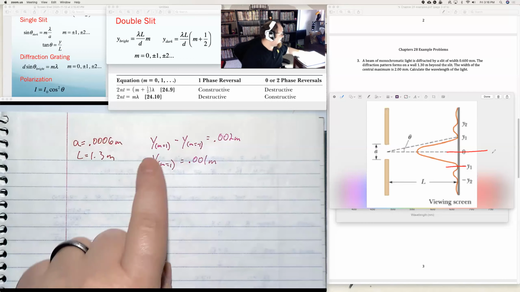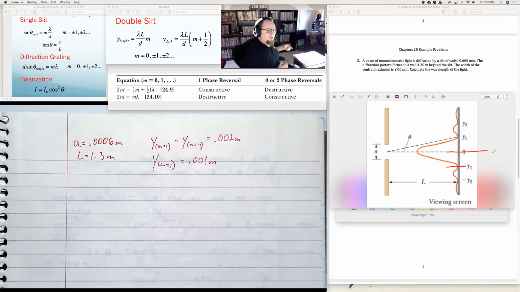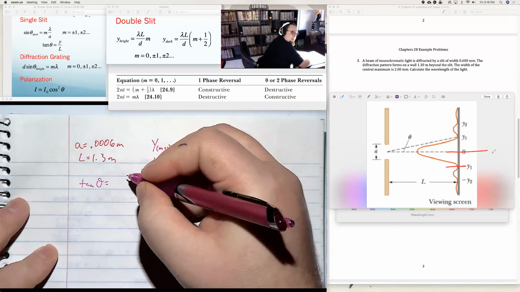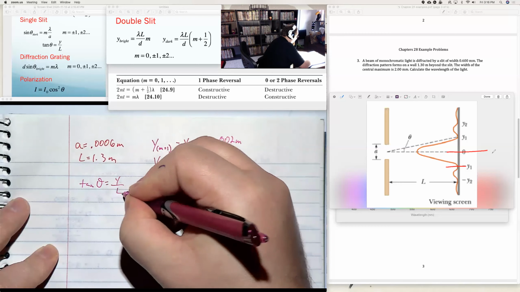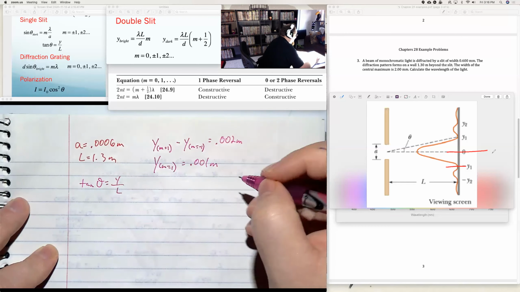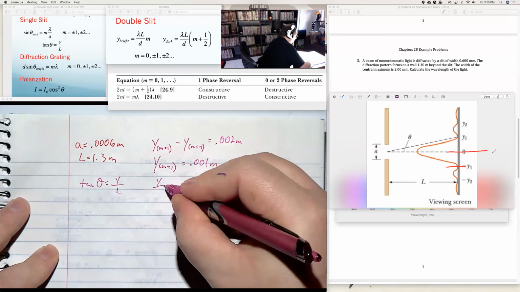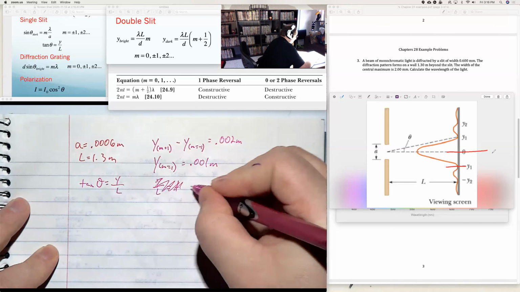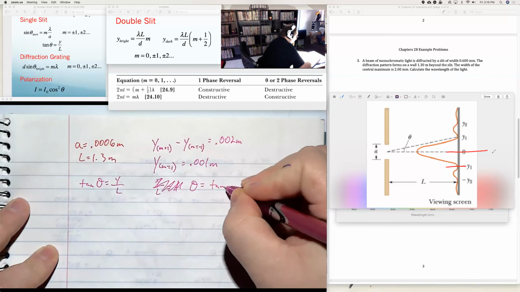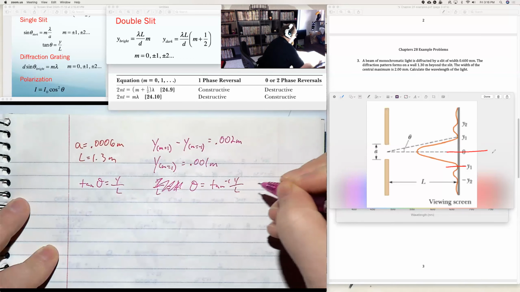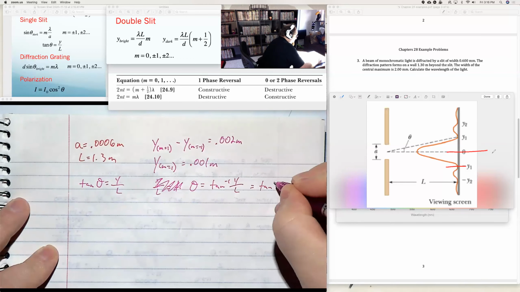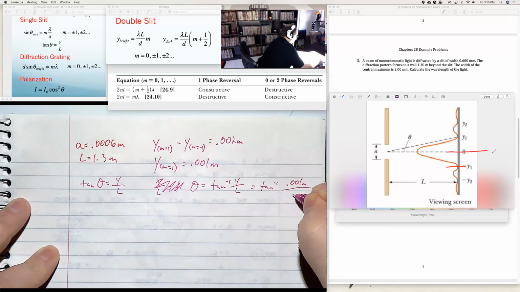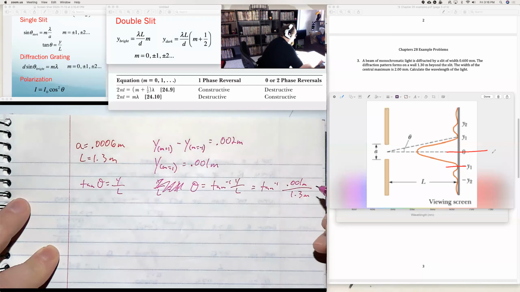I need to convert this to an angle, keeping in mind that the tangent of theta is y over L. Rearranging, theta is the inverse tangent of y over L, or the inverse tangent of 0.001 over 1.3 meters.